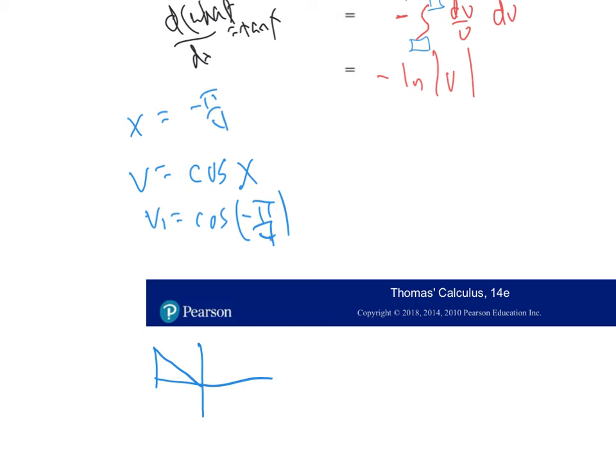And pi over 4, see, I said negative pi over 4, so that tells me that this must be a 45-degree angle. 1, 1, square root of 2.